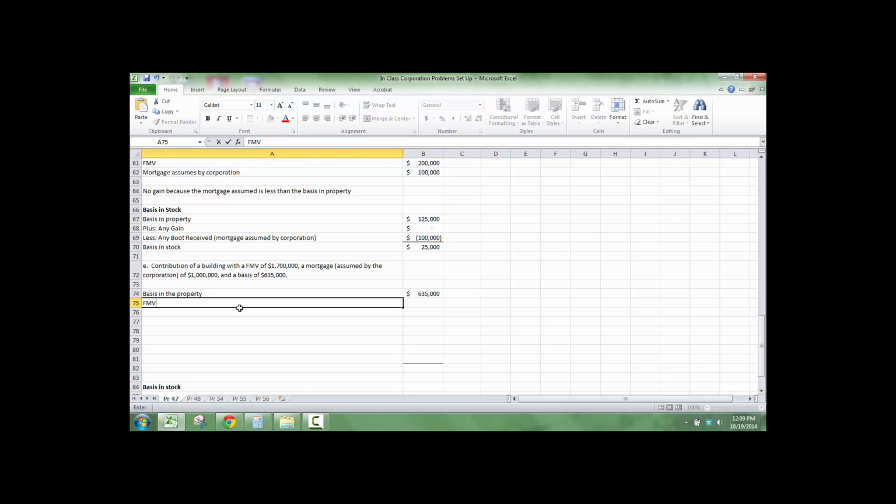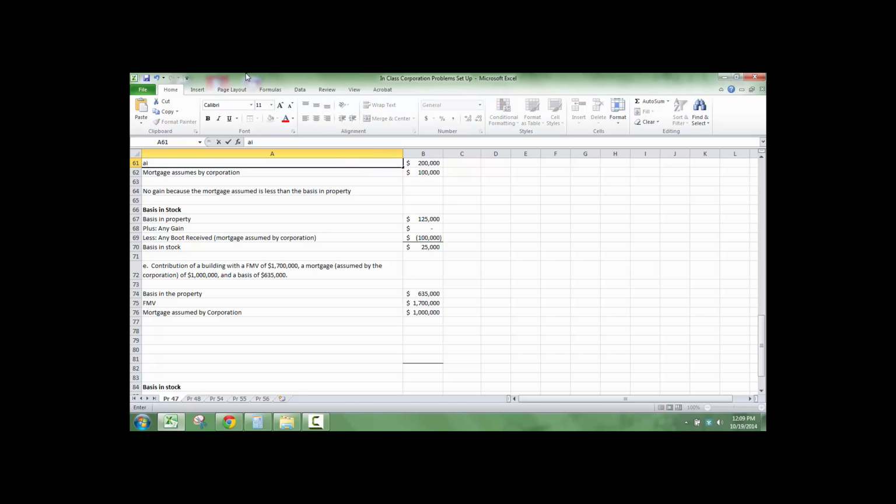We have a fair market value of the property of $1,700,000, and we have a mortgage assumed by the corporation of $1 million.